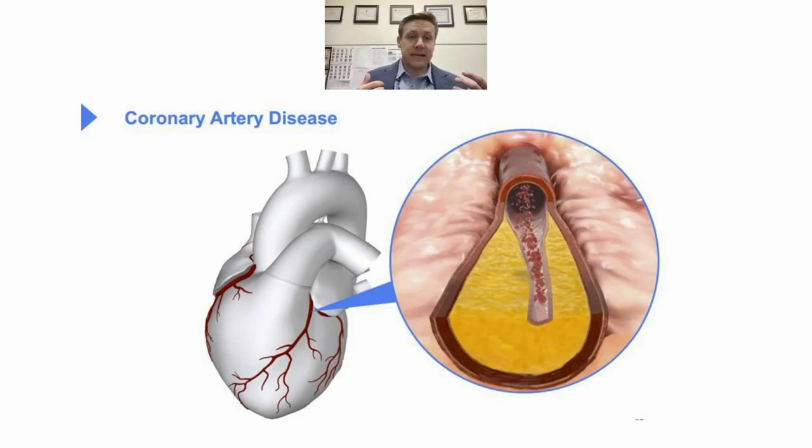So if someone has a very narrow coronary artery and then they realize they're late for their bus and they have to go run and catch their bus, now they have this increase in demand that their supply can't keep up with, they might get angina or chest pain as a result of the ischemia, or lack of blood flow to the muscle supplied by this occluded or nearly occluded, we would say stenotic, coronary artery.